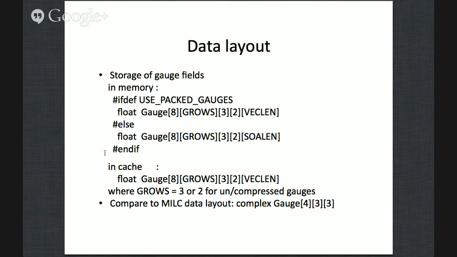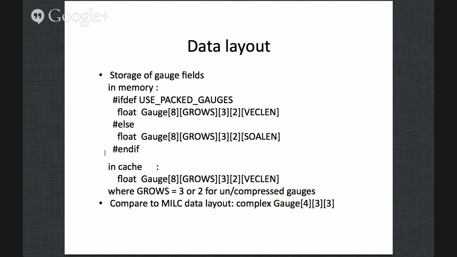Similarly, we have the gauge field stored in memory. We store the gauge field with 8 directions, backward and forward, and then this number here equals 2 or 3. When it equals 2, it means that we use compressed gauge storage, and we rely on the fact that the gauge field is a unitary gauge field, so the third row of data can be constructed from the first 2 rows in the calculation.